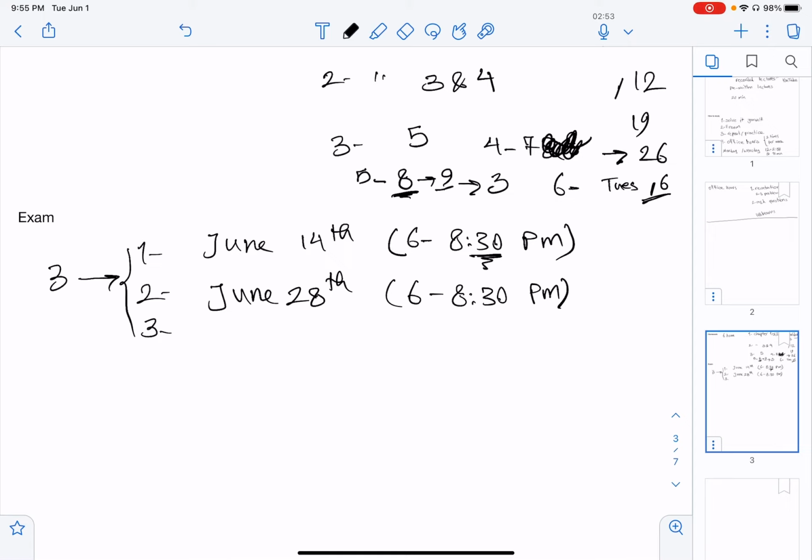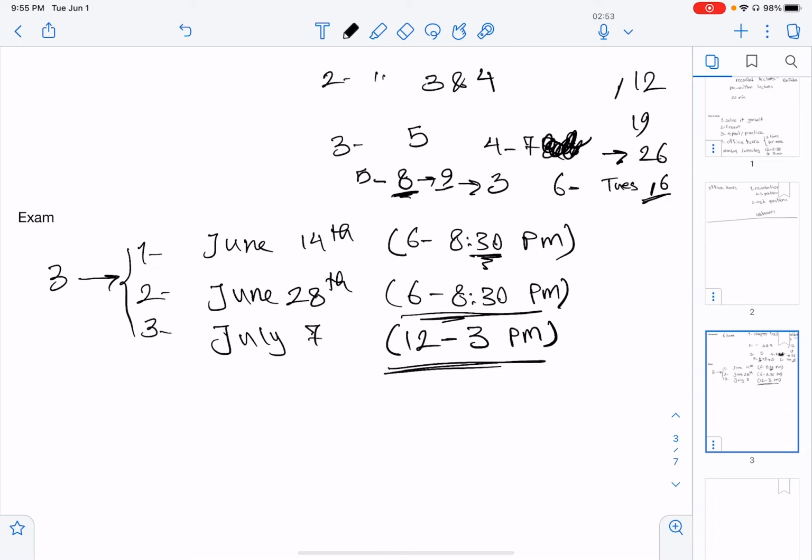And the final exam, which is a comprehensive exam, is going to be on July 7th, and the time is during the office hour, which is from 12 to 3 p.m. So make sure that you don't mix up the exams and you don't miss them.